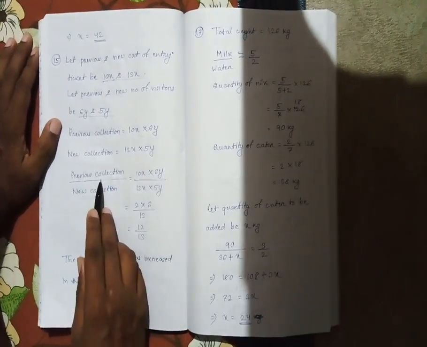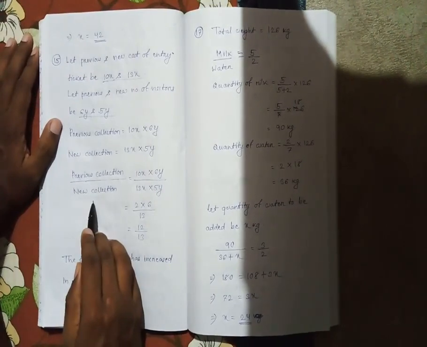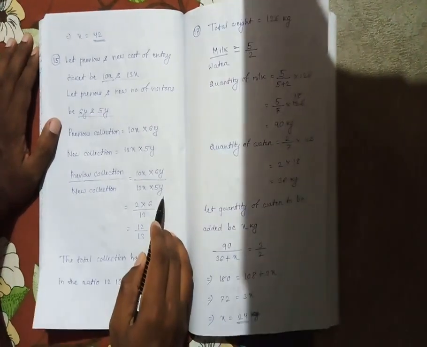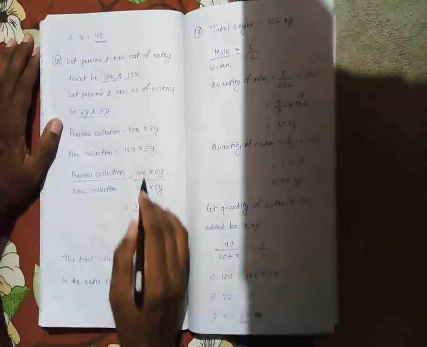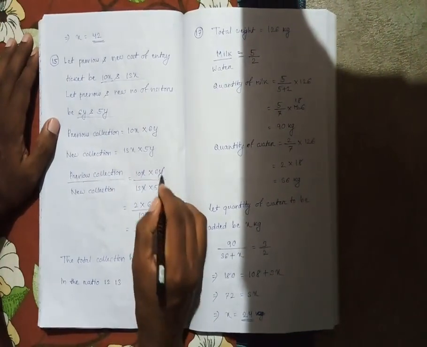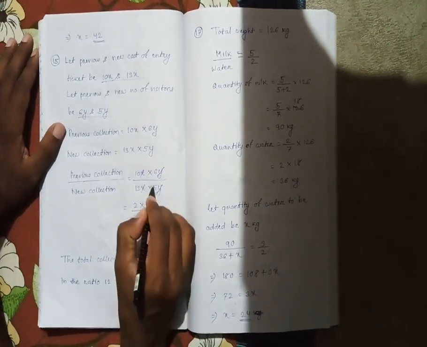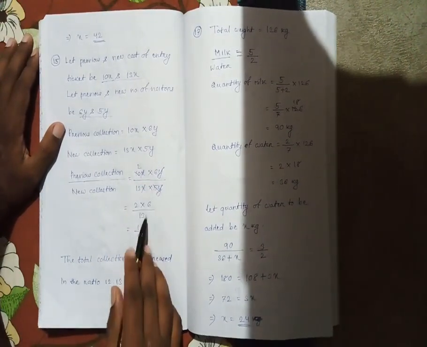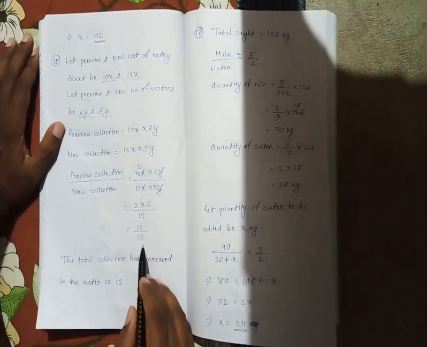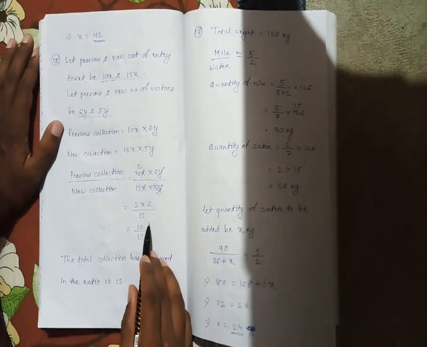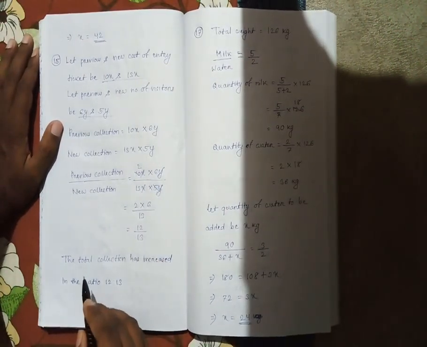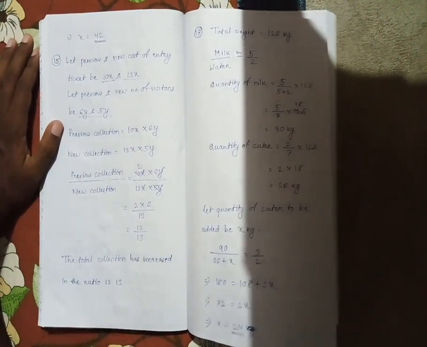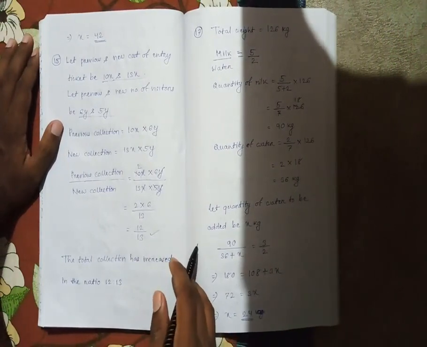So previous collection by new collection is equal to 10x into 6y by 13x into 5y. x cancels, y cancels. 5 into 2 is 10, so 2 into 6 by 13, that is 12 by 13. You can see the denominator is greater than the numerator, so definitely the value has increased. So we can say the total collection has increased in the ratio 12:13.